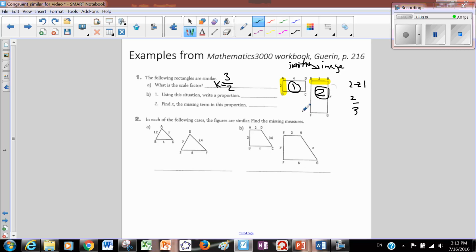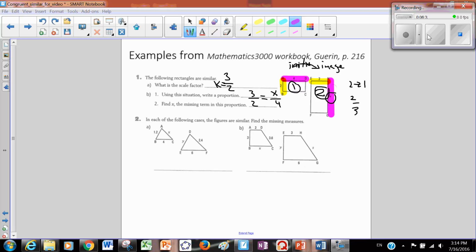Now, if you want to write a proportion with this, because we're looking for x here, I can write 3 over 2 equal to x over 4, because I'm taking the corresponding side. My longest side here corresponds to this longest side here. So what I did, I did 3 over 2 is equal to x over 4.